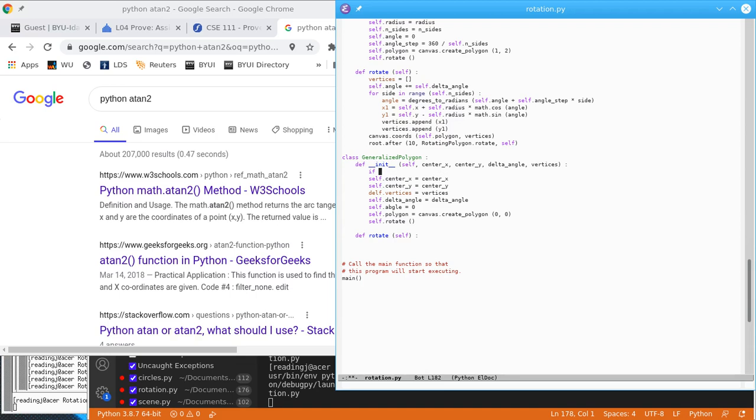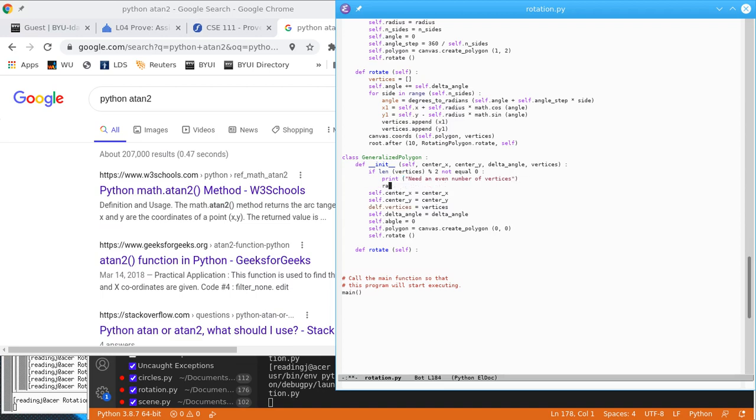If len vertices modulus 2 not equals 0, print need an even number of vertices, raise value error. I think that's valid. It changed color. It must know what it is. So we want to make sure we have an even number of vertices, xy, xy, xy, xy.